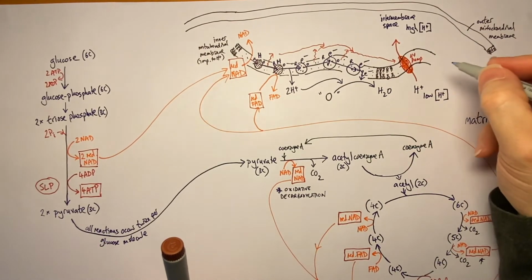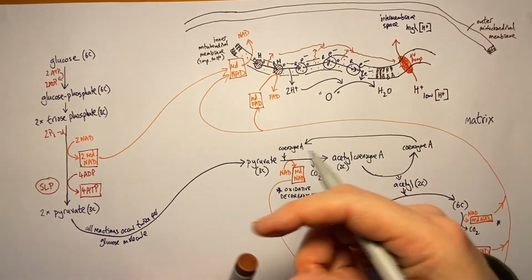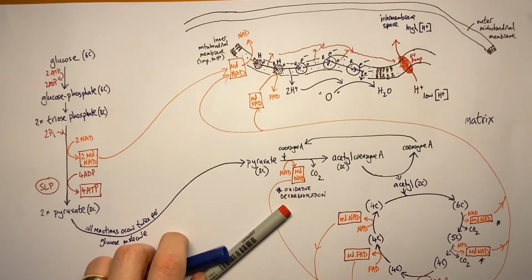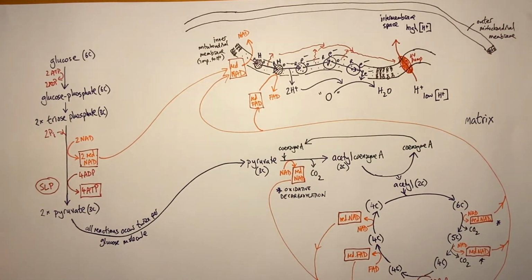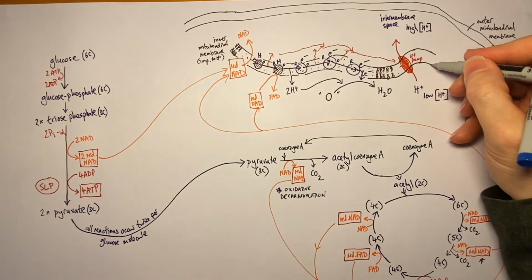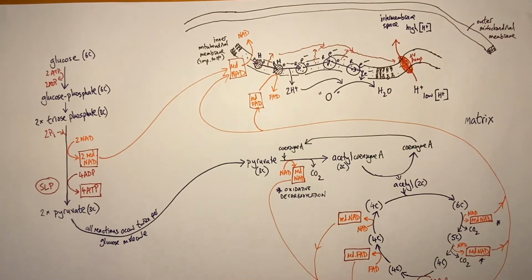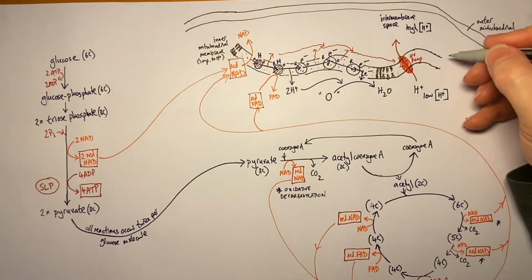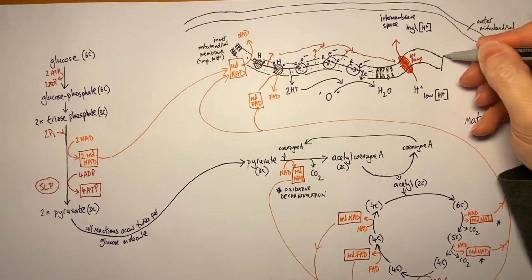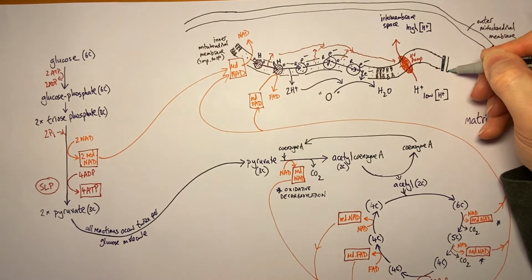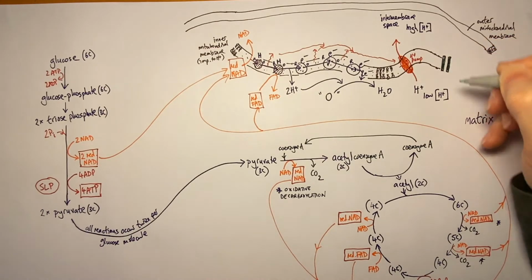Now in this membrane there are also some other special proteins. These proteins are intrinsic proteins, and there's two parts of them really. One part is a channel.